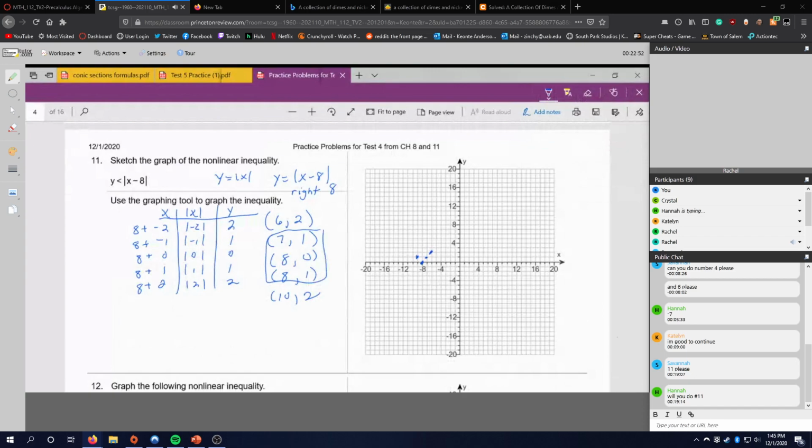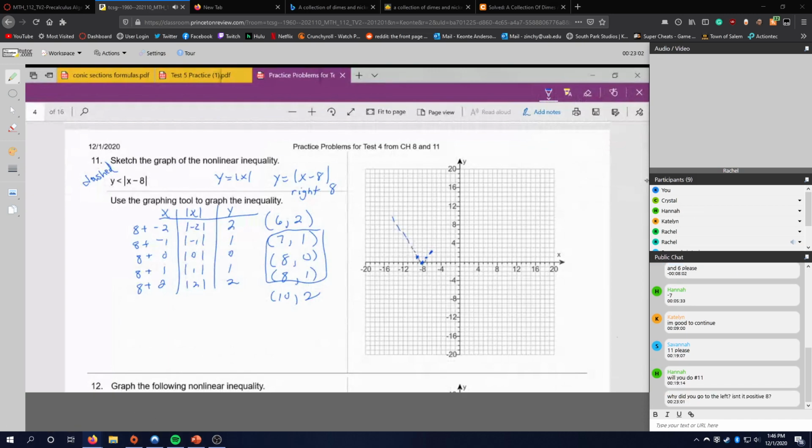And it's dashed because this is an inequality without an equal. So we would want to just dash that. MATLAB's going to draw this for you once you get those 3 points, and you're going to choose the dashed line. And now I'm going to test a point not on the line, and I can test 0, 0.